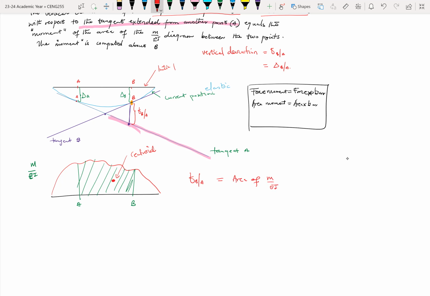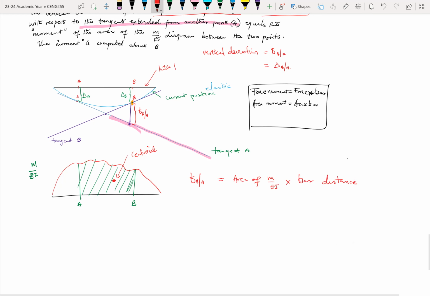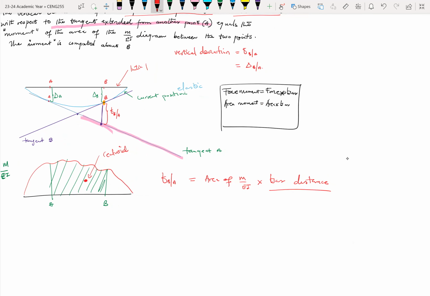So find this entire area with a green shade, then multiply it by the perpendicular distance, which is defined as the distance from the centroid of the shape to the point of interest.